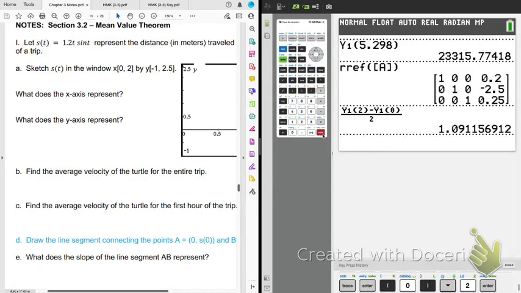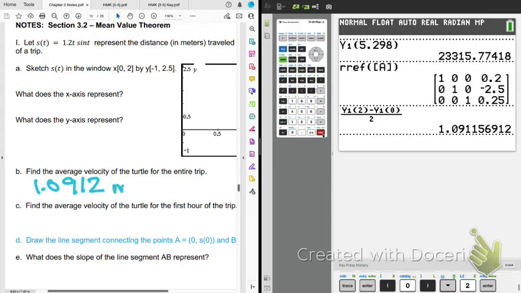And no matter what it says, because it will always say be accurate to 3, we round to 4. Therefore, the average velocity of my turtle over the entire trip is 1.0912. What are we measuring in?